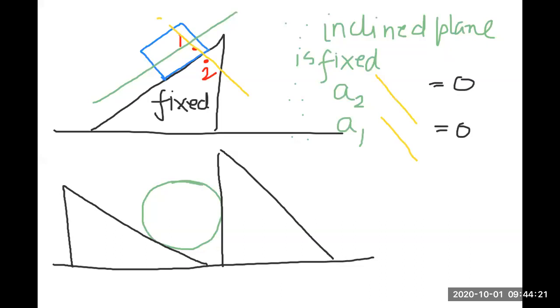Let this be inclined plane 1, let this be inclined plane 2, let this be 30 degrees, let this be 45 degrees.